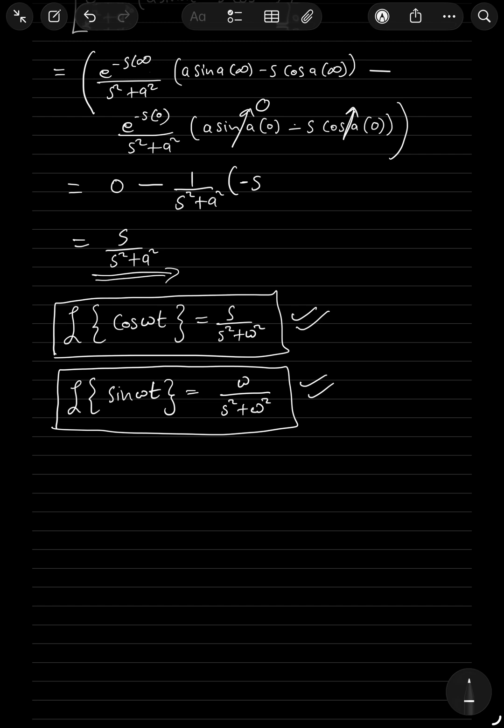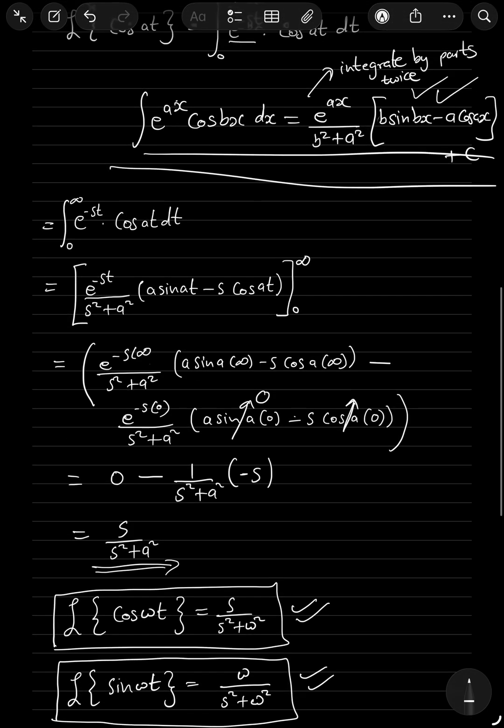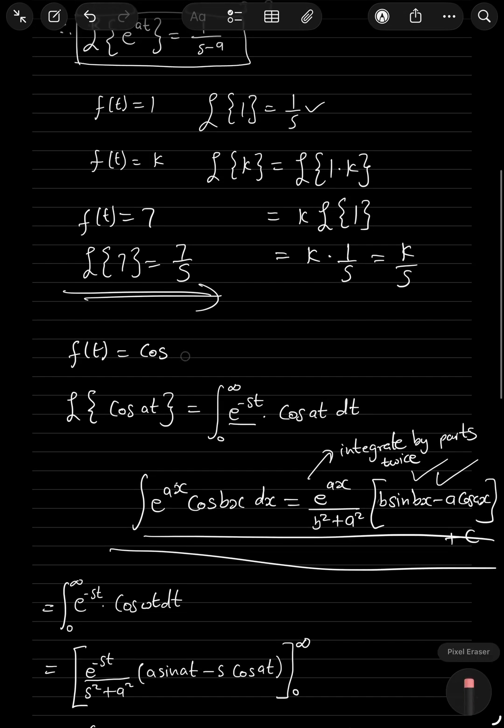Either way, a or omega, but for now let's use omega because I want to use a for hyperbolic functions. For these trigonometric functions, let's just use omega. So here I can just say omega t, where omega is a real constant.